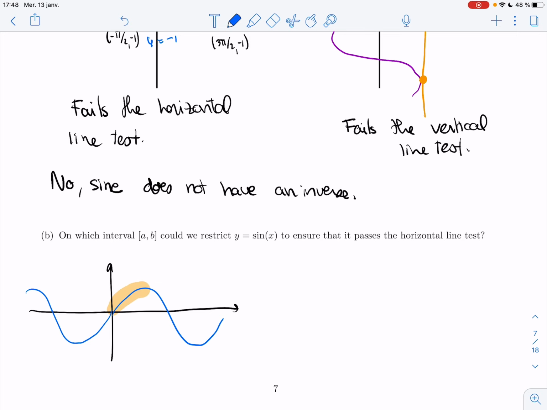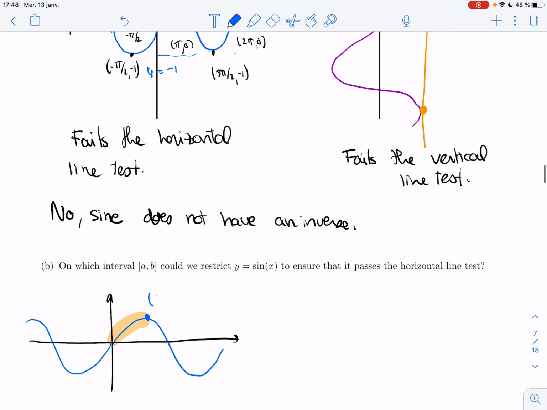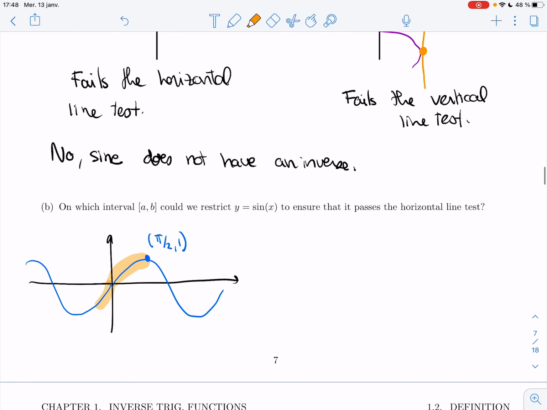So I have to stop at this top. And if you remember, this top was pi on 2, 1. If I keep going, I will be repeating values. I will be hitting the same horizontal line again and again. And same thing here.